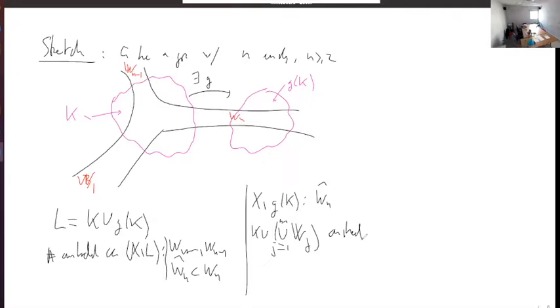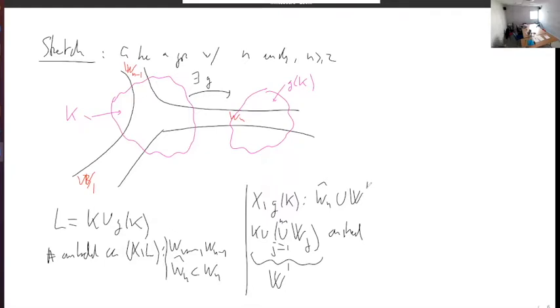So if I call this W prime, this is just Wn union W prime. And I know that this is exactly, so here I've given you the number of ends, of unbounded connected components of the complement of G of k.